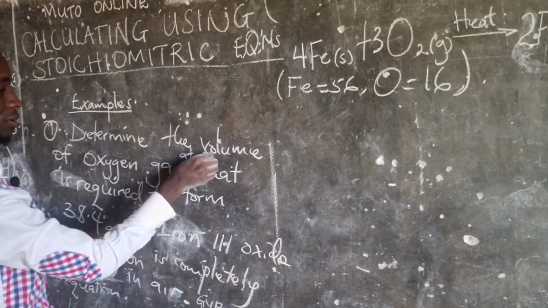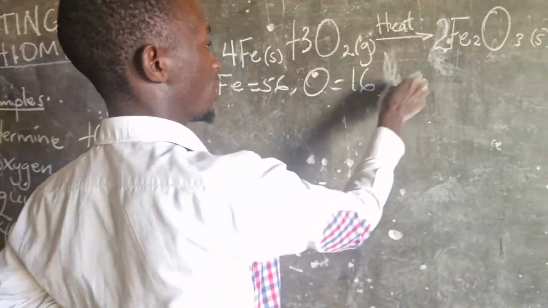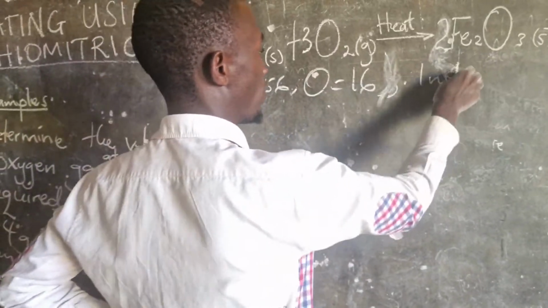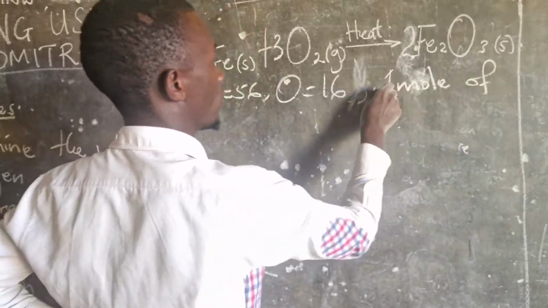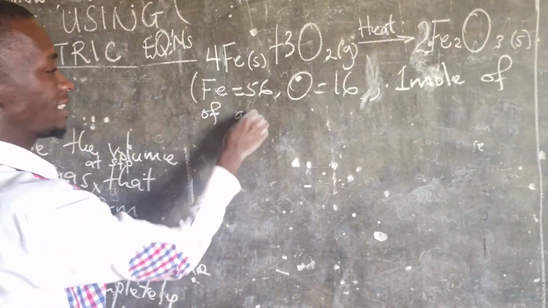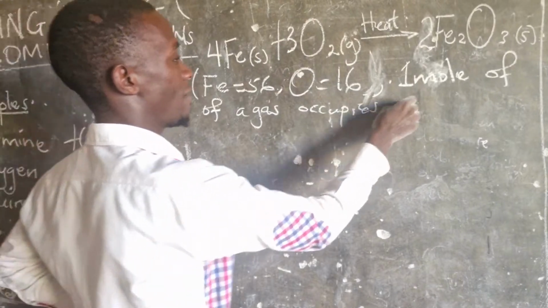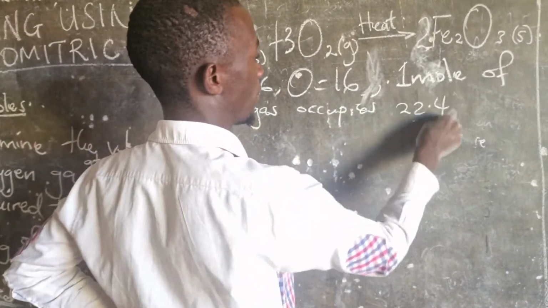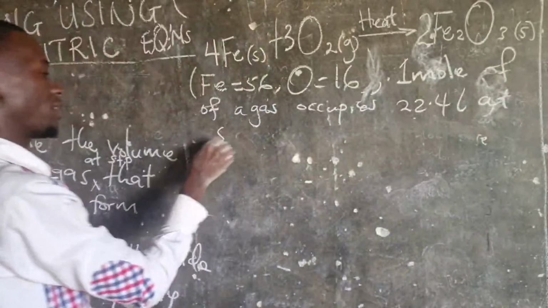Let's add this one: at STP, 1 mole of a gas occupies 22.4 liters.